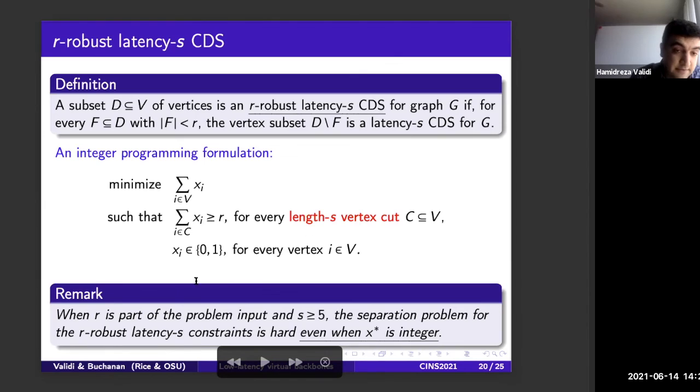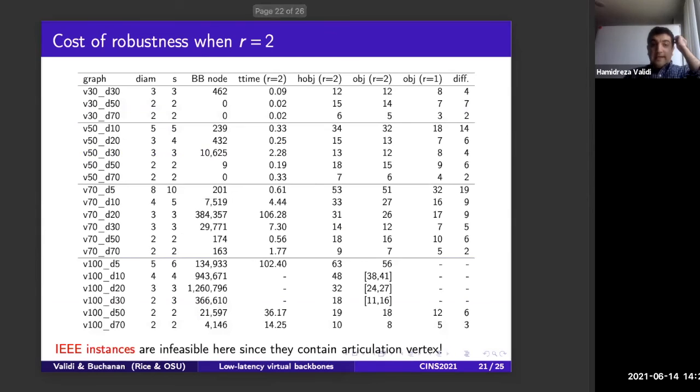And then the remark here is that even integer separation is hard when S is at least 5 and R is part of the input of the problem. So, if you want to talk about the cost of robustness for R equal to 2, you can see that this is the total time spent solving the case R equal to 2.